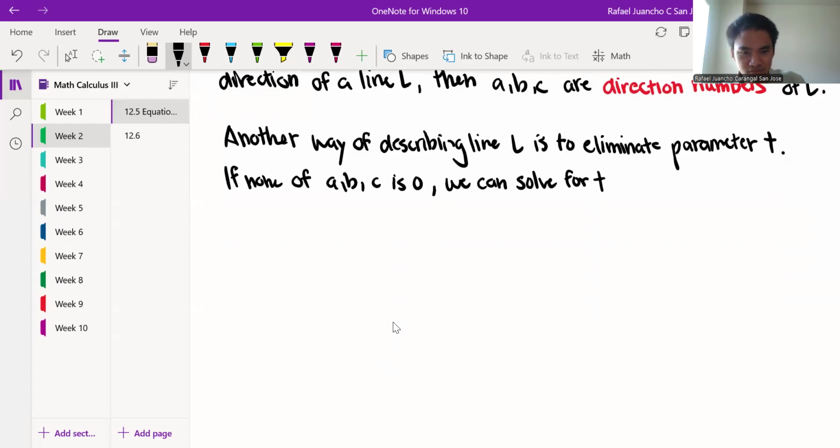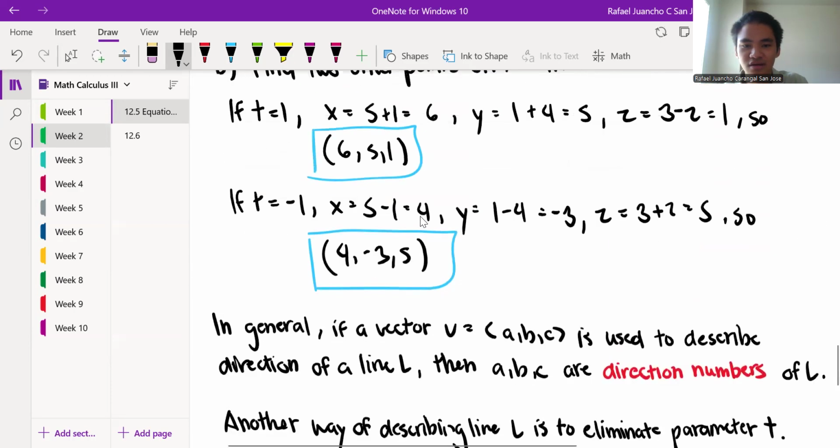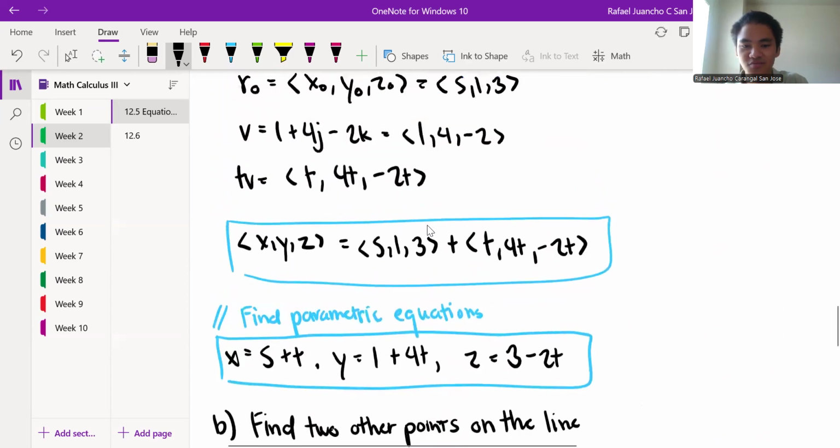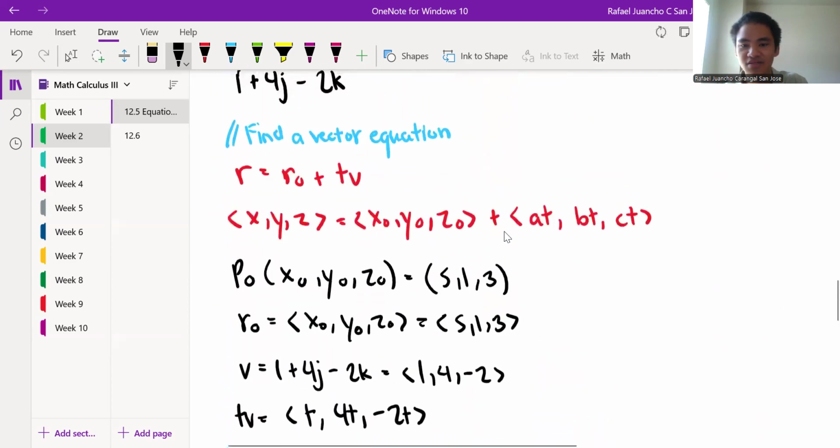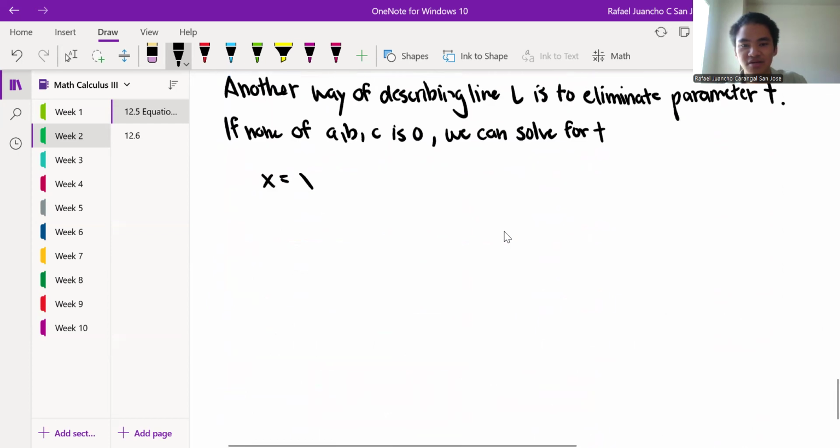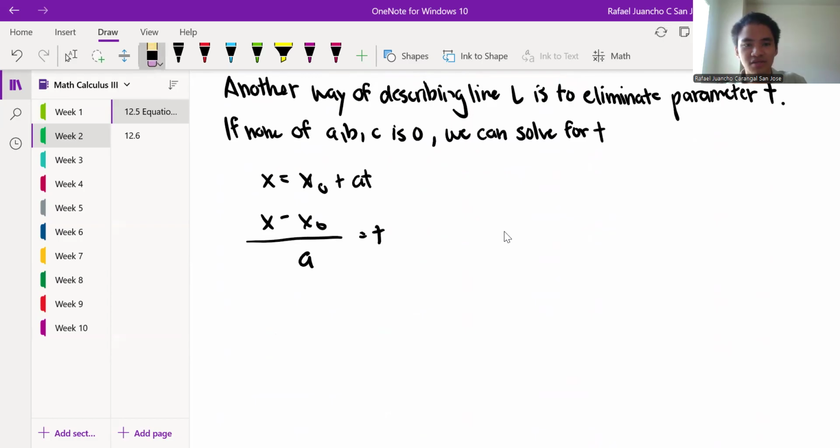So how do we do that? Well, let's look at one. x is x naught, the initial point, plus some multiplier of t, a t. So we want to isolate t. This is going to be x minus x naught all over a, which is t. And same idea for the others.